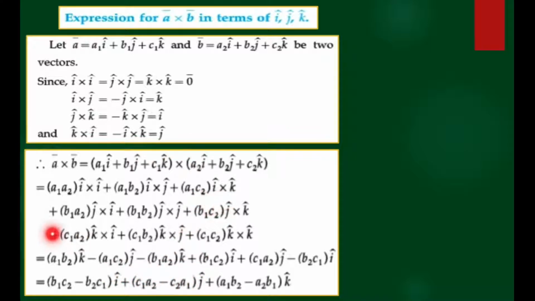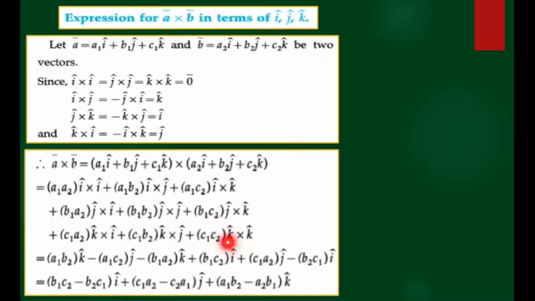Then for b1 a2 j cross i, here j cross i we write minus k, so we write a minus sign. Then b1 b2 j cross j, this vector is the zero vector, so we do not write it. Then b1 c2 j cross k. So j cross k is i. So we substitute that vector as i, and we write its coefficient with a plus sign.